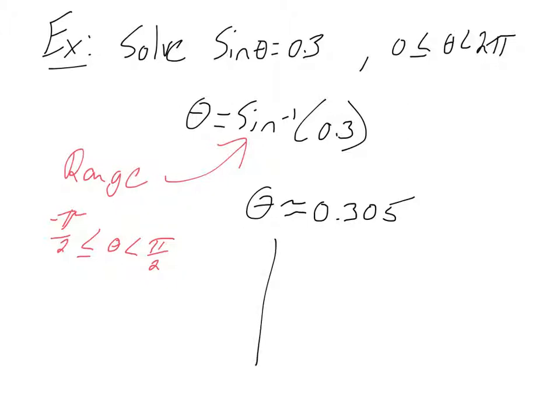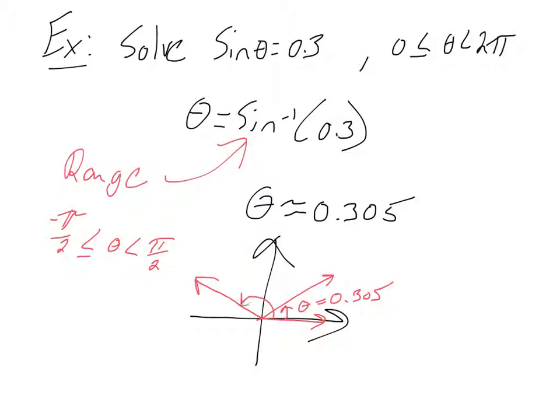So if I were to go ahead and draw that theta, it would be somewhere in here. All right, so the other quadrant where sine is positive, between 0 and 2 pi, is the second quadrant. So we want an angle in the second quadrant that has the same reference angle of 0.305. How would I find that?